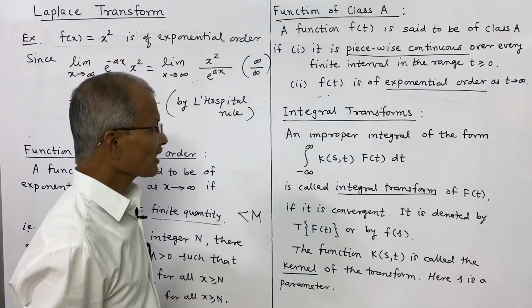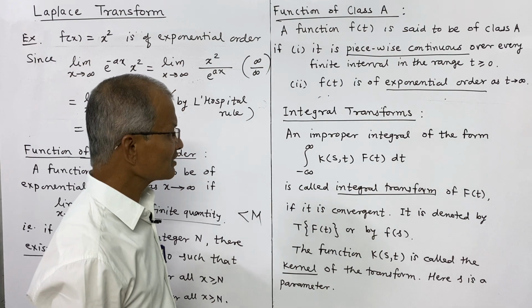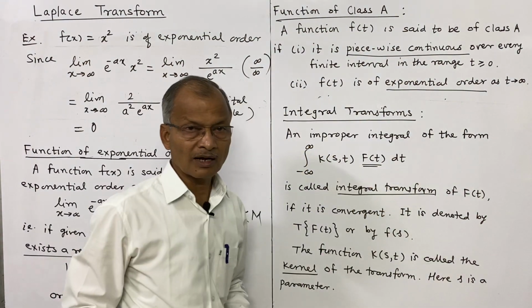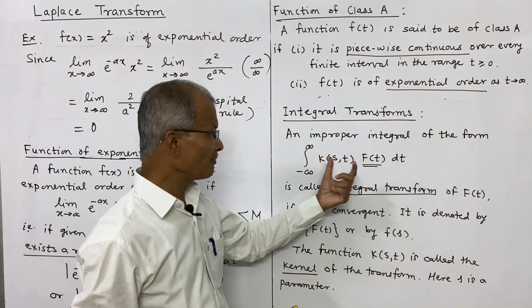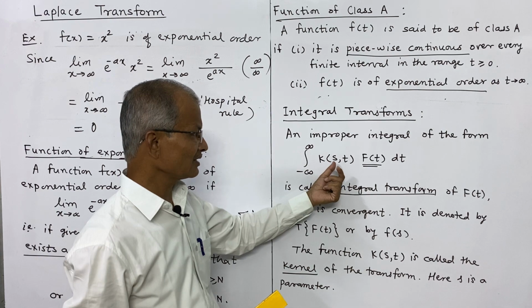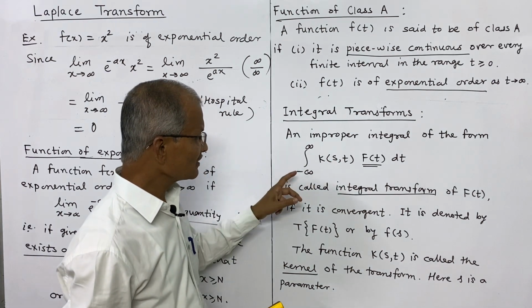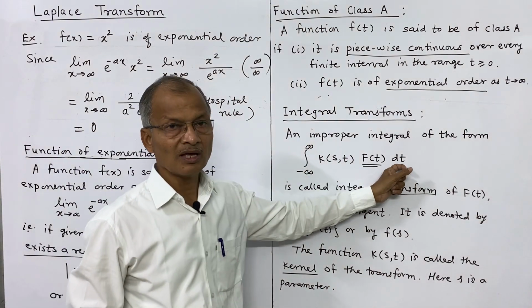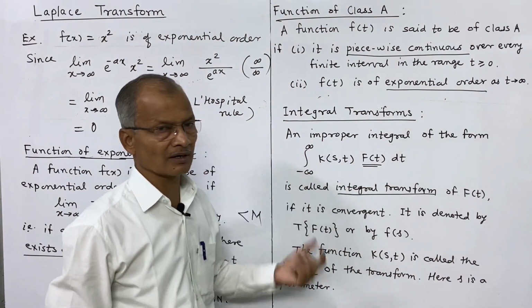That means for the integral transform of this function f of t, f of t is multiplied by another function k of s comma t, a function of s and t, and then it is integrated between minus infinity and infinity with respect to t. Then that becomes the integral transform.